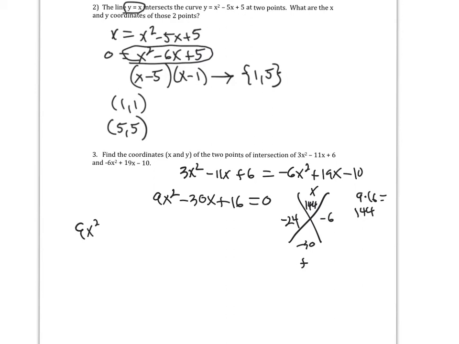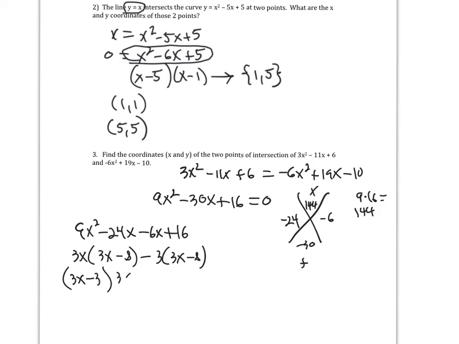So I will set this 9x squared minus 24x minus 6x plus 16. And then I'm going to factor out 3x here to get 3x minus 8 minus 3 times 3x minus 8, giving me 3x minus 3 times 3x minus 8.